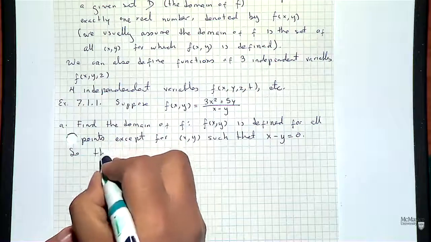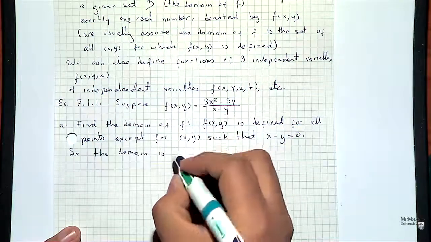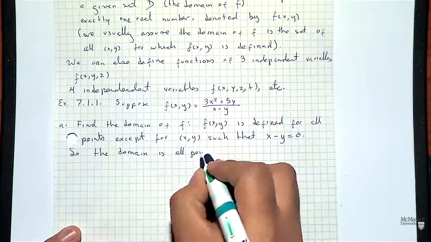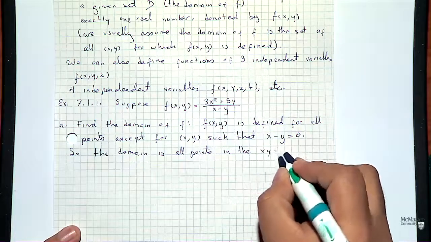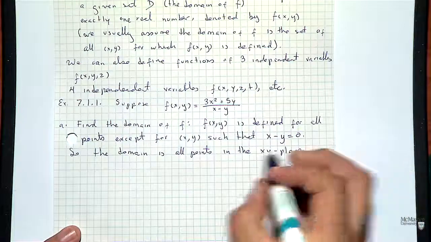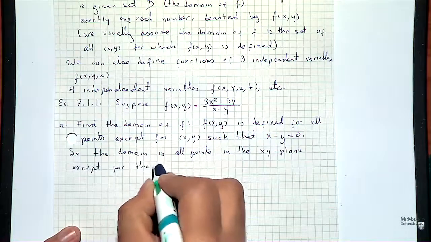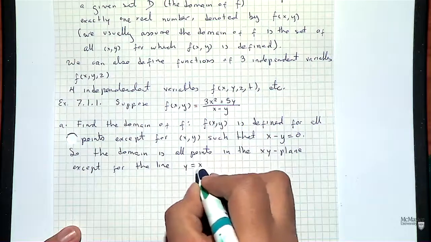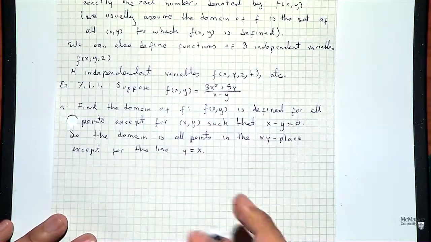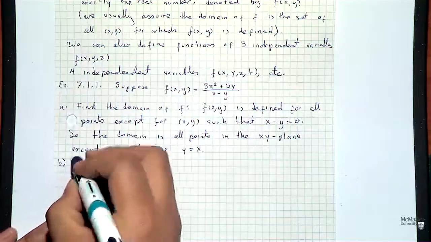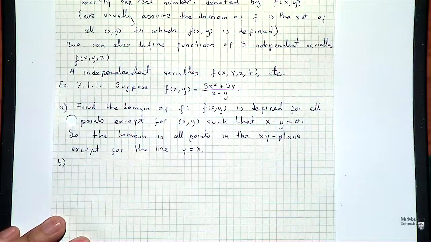So the domain is the set of all points in the xy plane except for the line y equal x. So, okay, that is one. If you have not seen functions of several variables, this is important because the points where the function is not applicable can be a little bit more complicated.